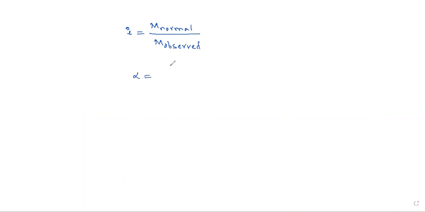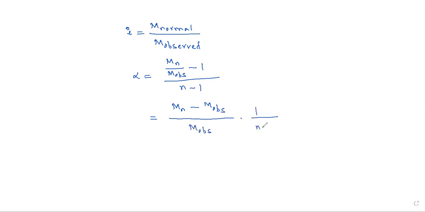So substituting that in the alpha expression, i minus 1 by n minus 1, so this is m normal minus m observed by m observed into 1 by n minus 1.